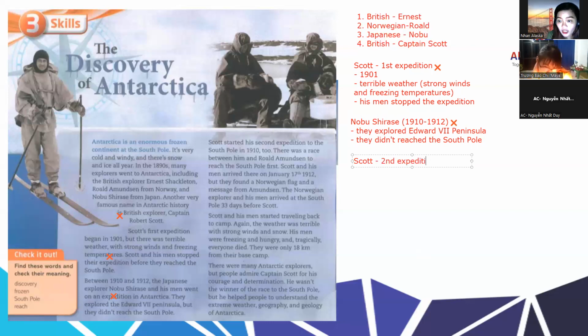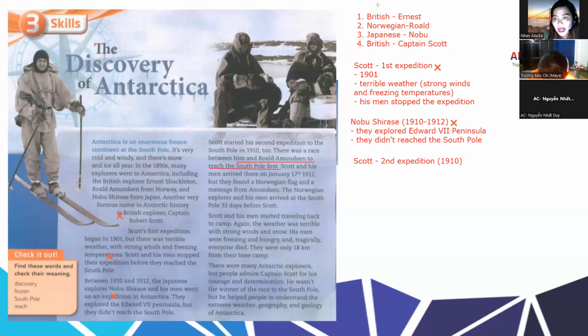Here is Captain Scott again. So Captain Scott, supposedly this is his second expedition in what year, Maya? 1910. All right. So there was a race. Take a look at this one. There was a race between him and Roald Amundsen to reach the South Pole first.